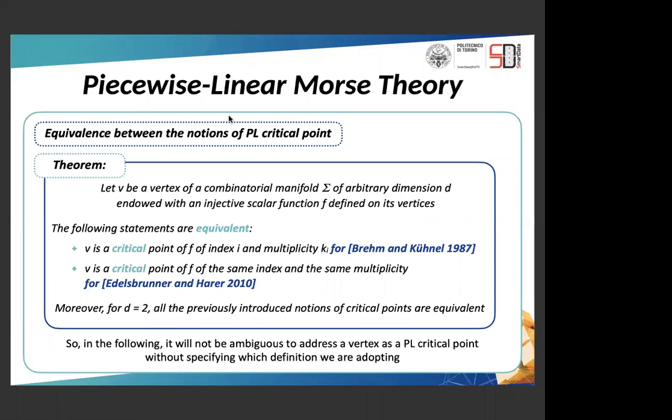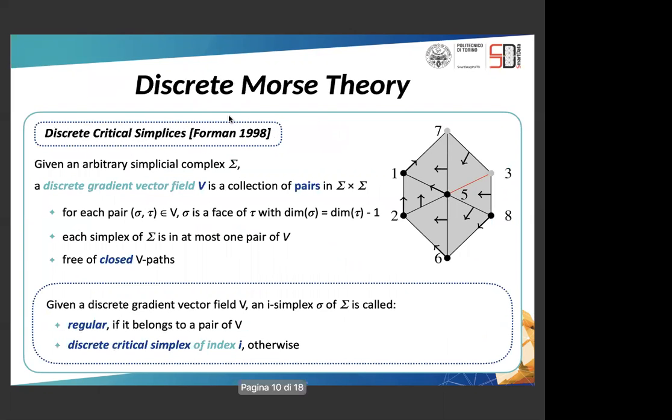So if v is a critical point of a certain index and a certain multiplicity for a certain definition, then it is a critical point with the same index and the same multiplicity also for any other definition previously introduced. So all the PL notions of critical points are equivalent. Let's move to discrete Morse theory.